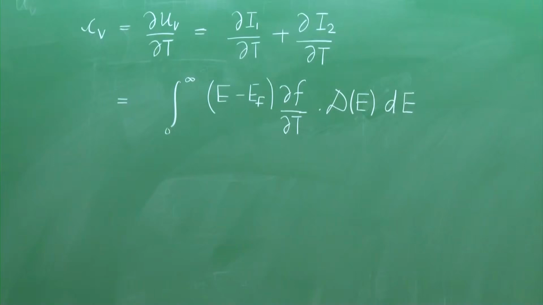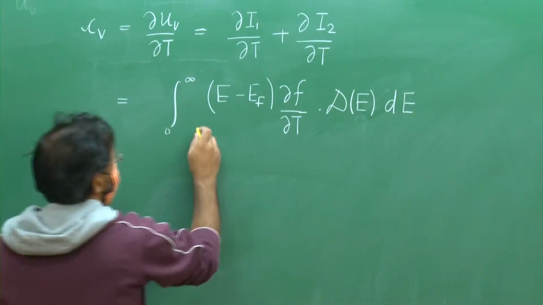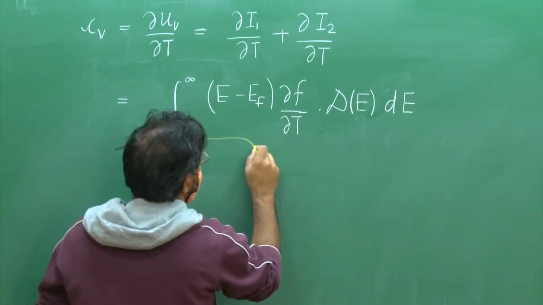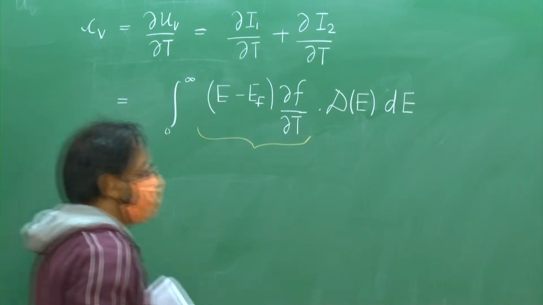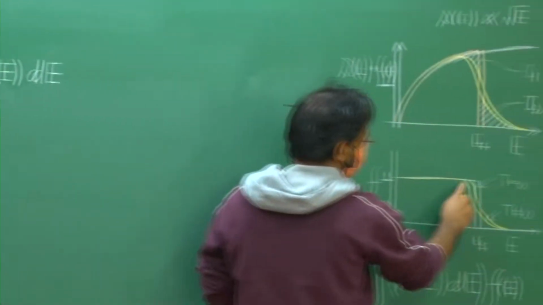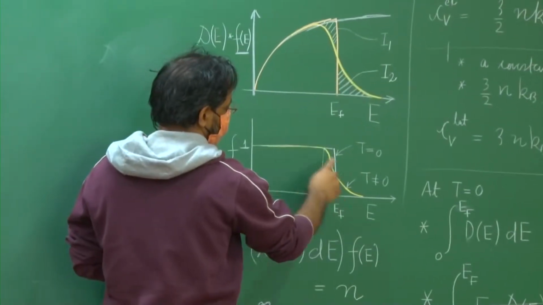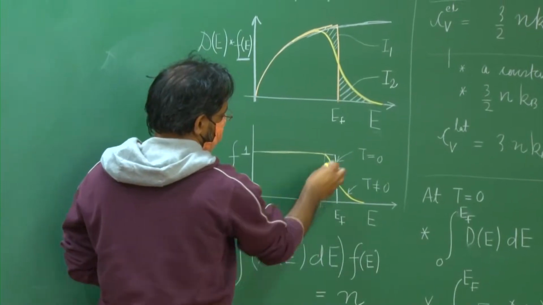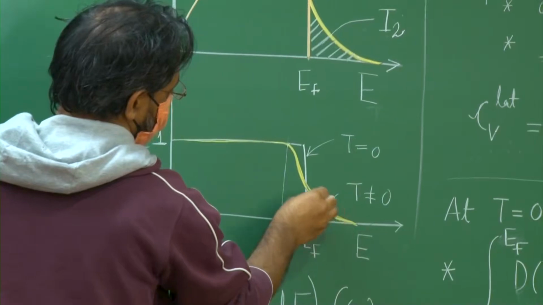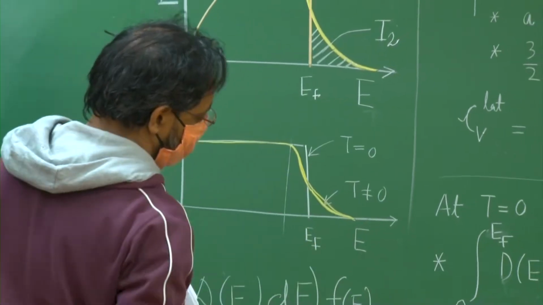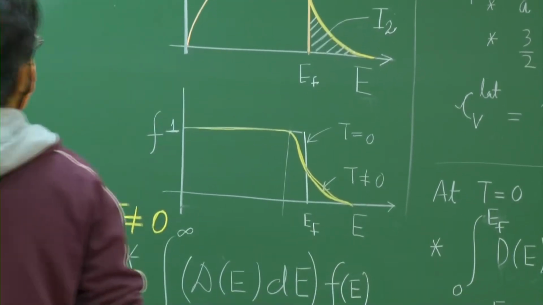Now here is a catch, a very important point, which is that this quantity over here, if you look at the form of F, if you take the temperature derivative of this, you don't see actually the temperature dependence here. From here it's not easy to deduce because we have plotted it as a function of energy, but you know the form of it.